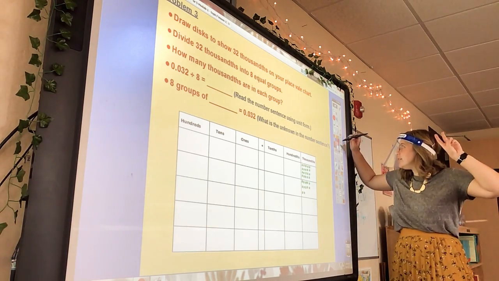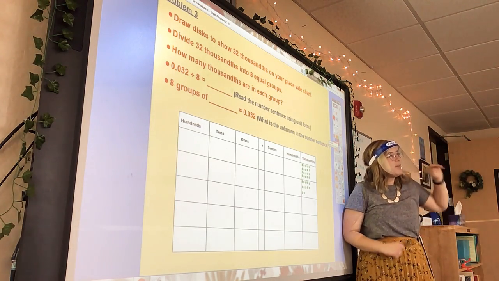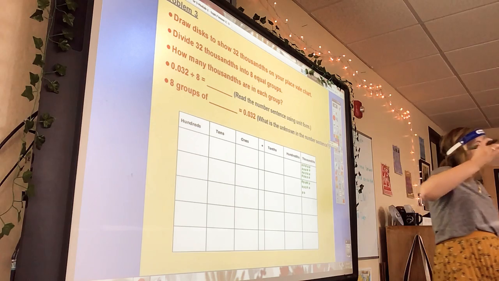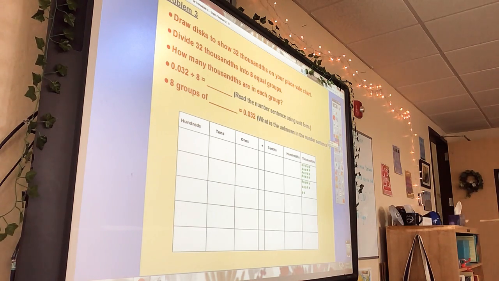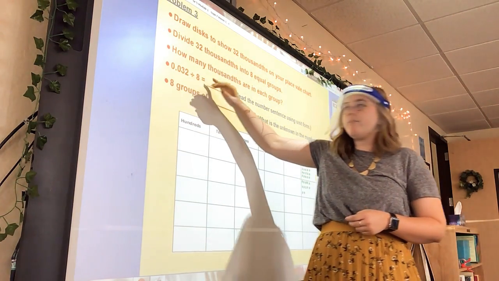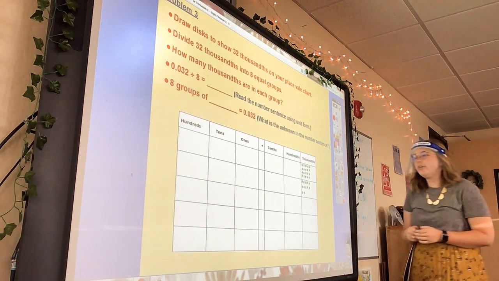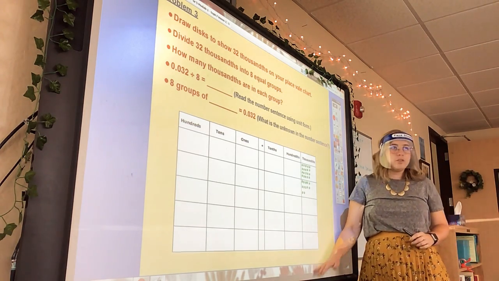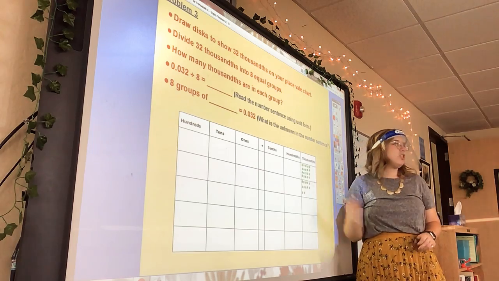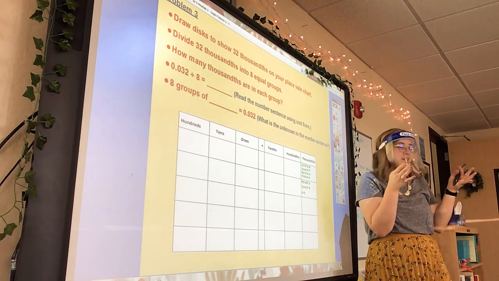3, 2, 1, 0. All right, I'm hearing a lot of 8 groups of 4, 4 groups of 8, which are technically correct. However, the problem does say 32 thousandths divided by 8. So you should be focusing on 8. Whether you split them up into individual groups or circle them, it should be focusing on 8, because you don't know that the answer's 4 yet, right?